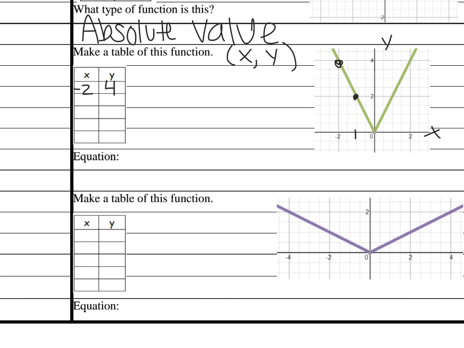So that would be the point -1, 2. And then 0, 0. And then if I go over 1, it looks like it's hitting nicely at 2. 1, 2. And then if I go over 2 and up 4, that's nice. So 2, 4.